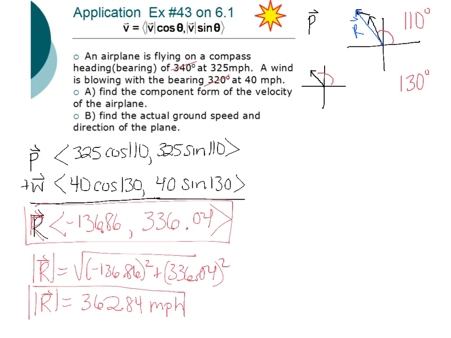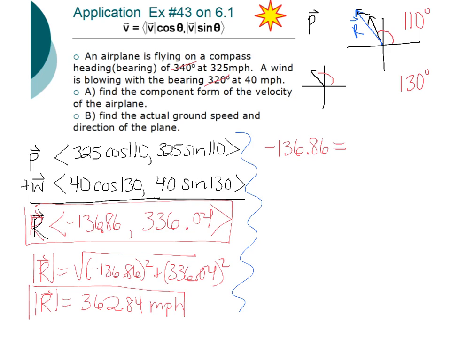I'm going to use my horizontal component, and I'm going to set up a little equation here. So I'm going to take that horizontal component, negative 136.86, and that should equal the magnitude times the cosine of theta.